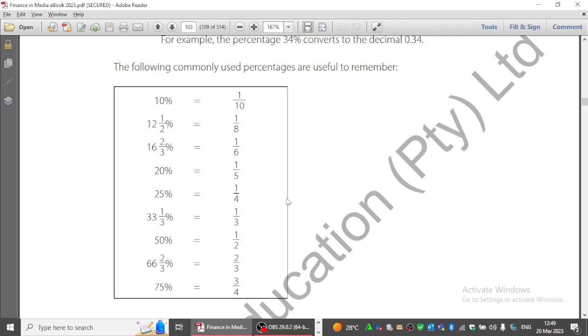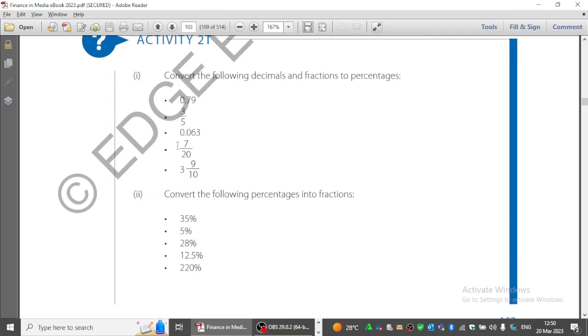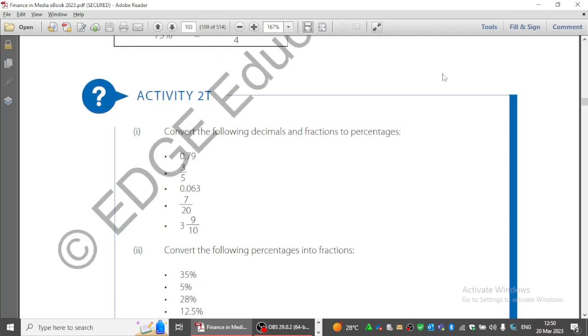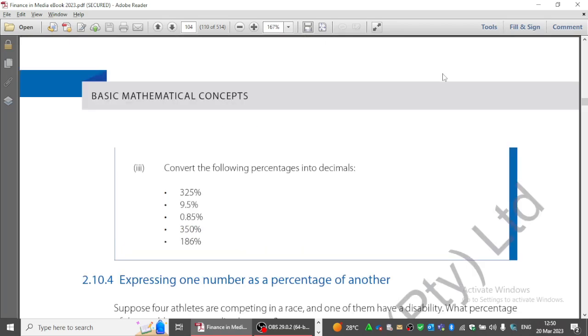So you're going to be applying ratios as well as percentages. And then there is an activity that I want you to go and perform, and also take a look at the solution at the end of the book, so that you can practice more and get more understanding of fraction, decimal to percentage and fraction to percentage.